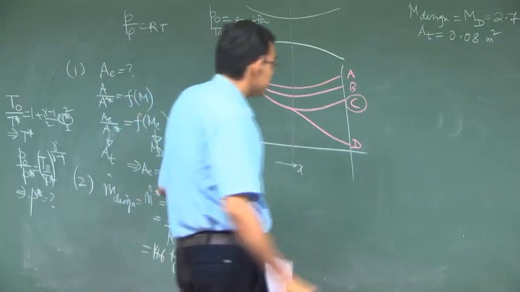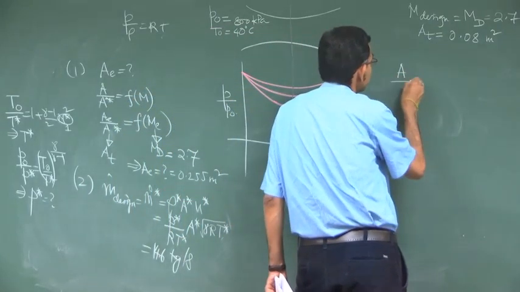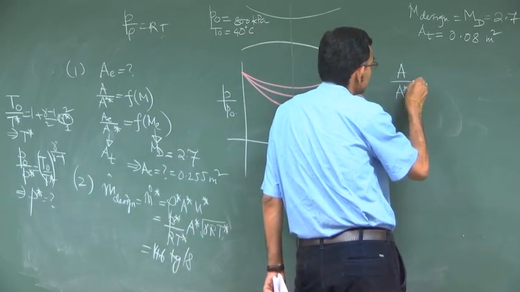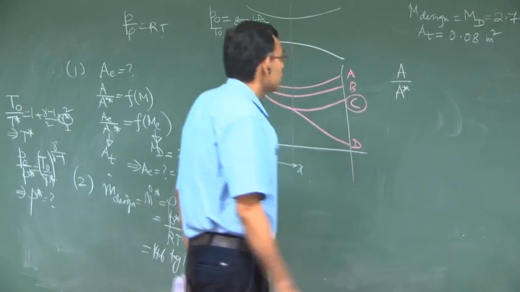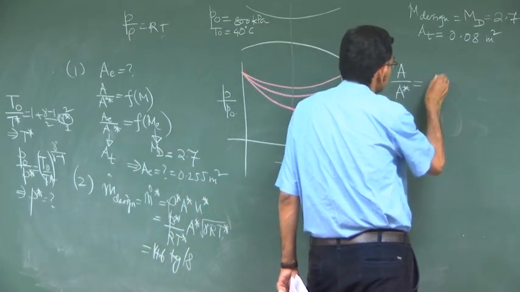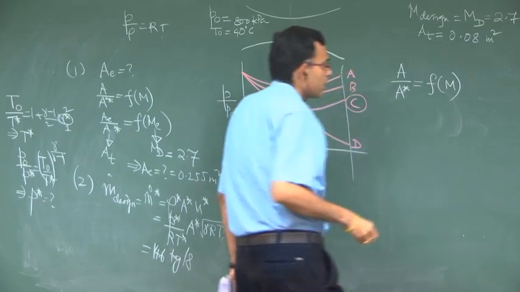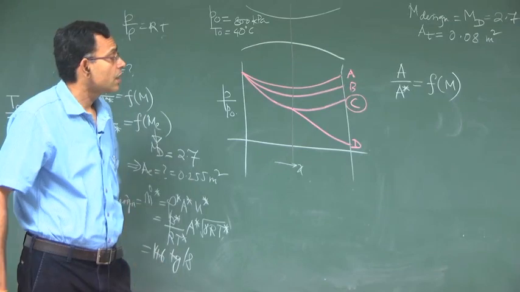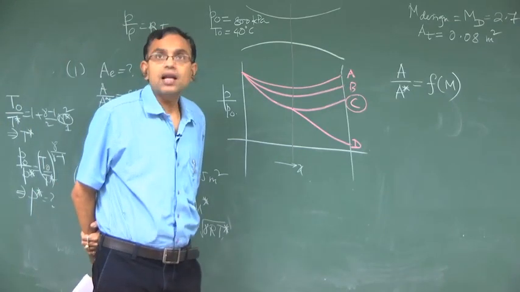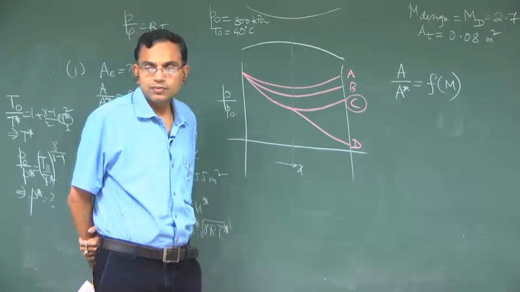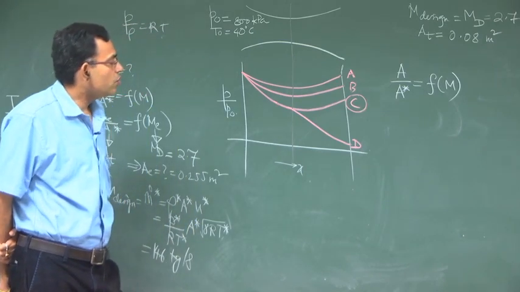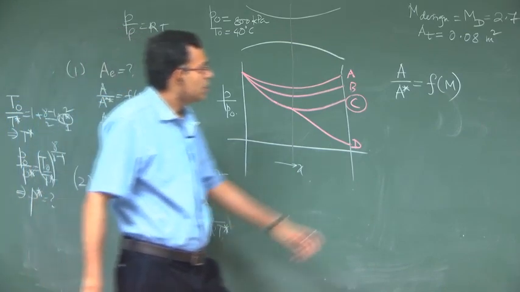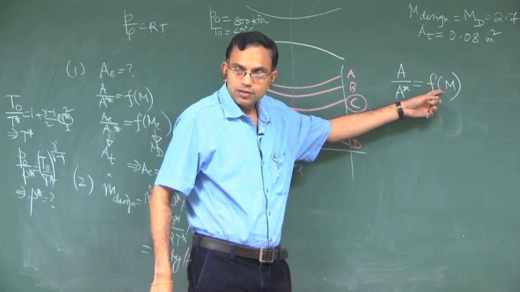So, you have A by A star as a function of Mach number, right. So, when you have A by A star as a function of Mach number, your question is as follows: which Mach number will you choose here?